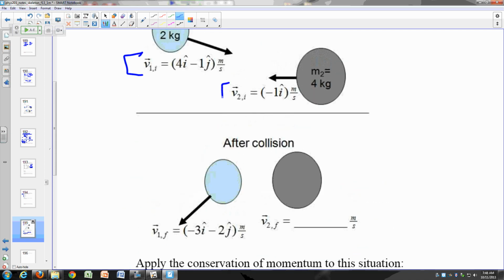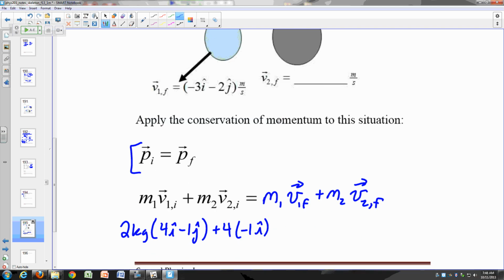That's going to equal m1, which was 2 kilograms, times this velocity, negative 3i minus 2j, plus m2 times v2f. And I want to find v2f.